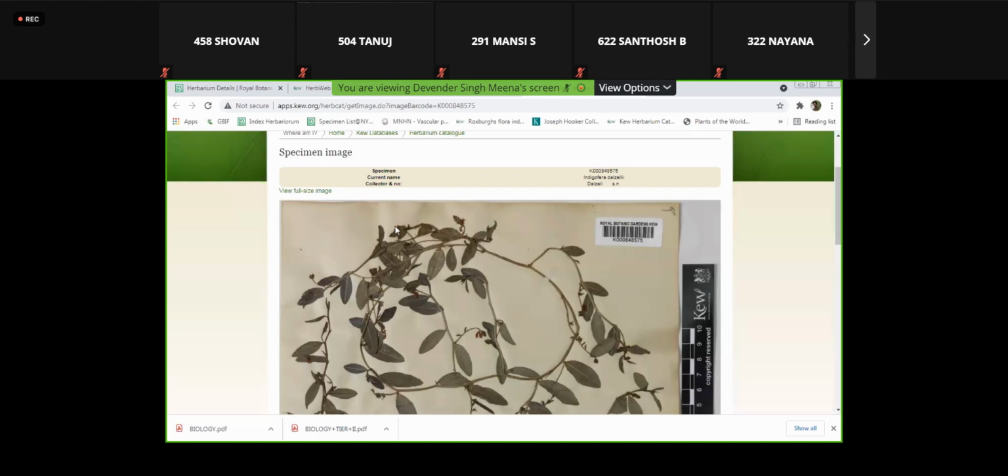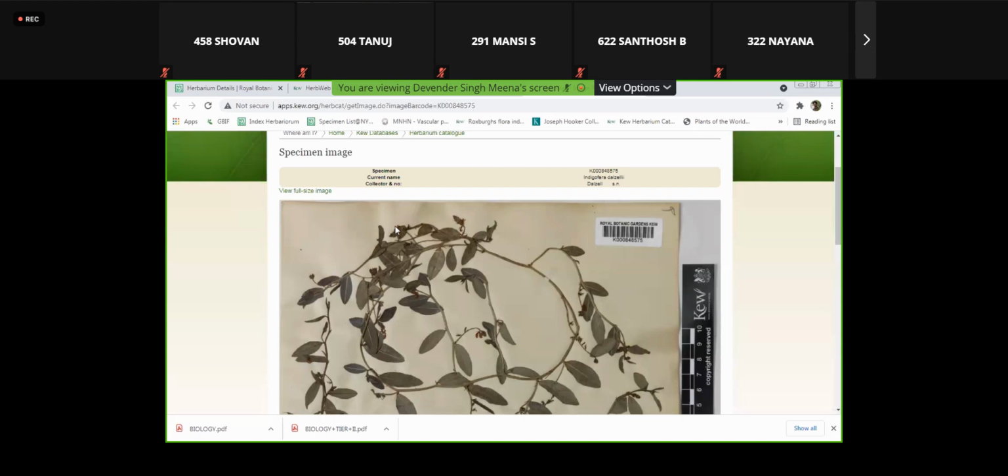Because pencil cannot be removed by alcohol or any other kind of solvents. Sometimes we also get these specimens with the same handwriting of the collector. Sometimes we access specimens of Linnaeus, of Roxburgh, of Gamble, or many other eminent collectors who have collected specimens from different regions of India as well.